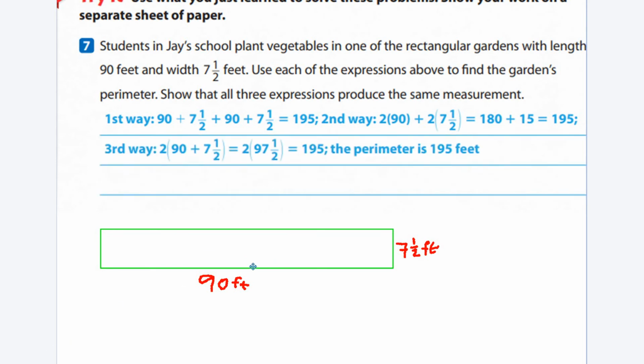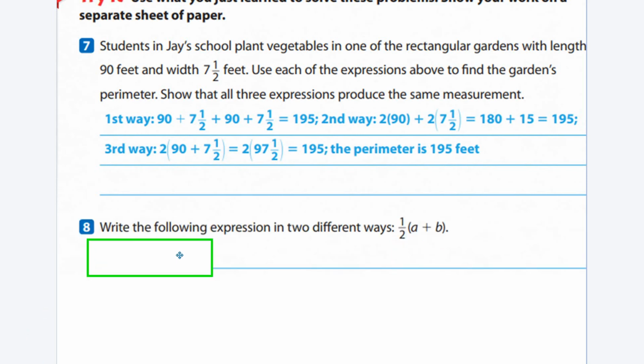And the last one, third way, 90 plus 7.5 times 2, because there's 2 of each. 90 plus 7.5 is 97.5, times 2 is 195. So the perimeter for question 7 is 195 feet. Hopefully you did all 3 ways the way they showed it.